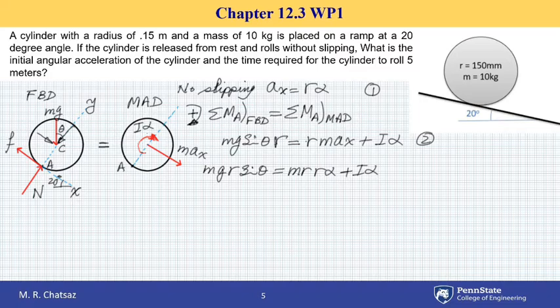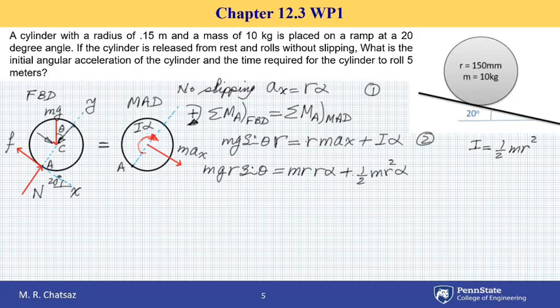Note that the right side of the equation has the common factor alpha, which is what I'm really interested in here. And if you recall, as far as a mass moment of inertia of a rotational disk or cylinder is concerned, I about axis of rotation is 1/2 mr squared. So I plug in for I, 1/2 mr squared times alpha.